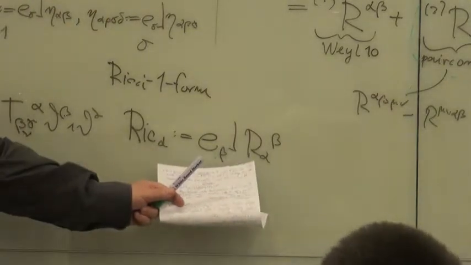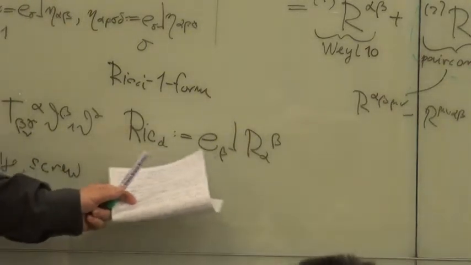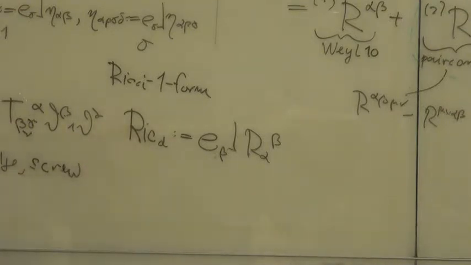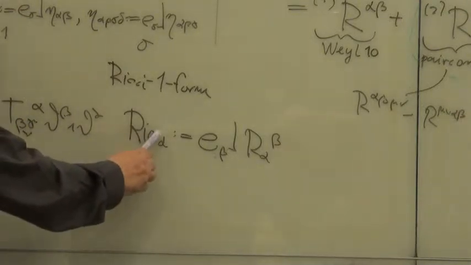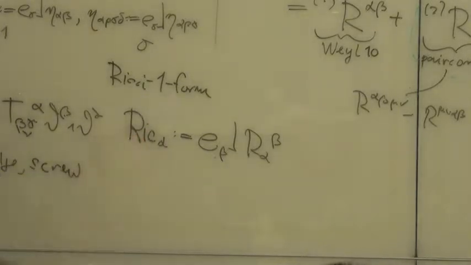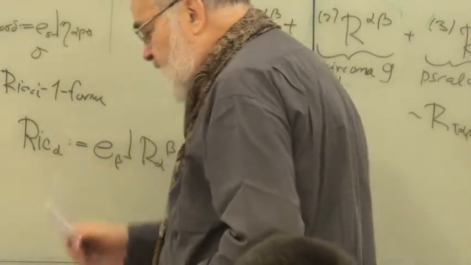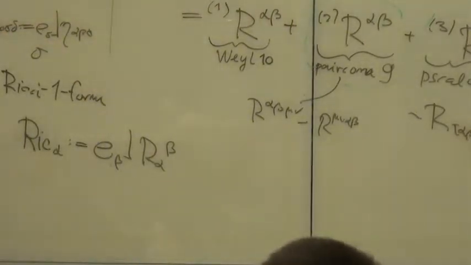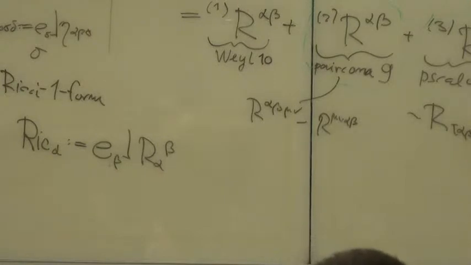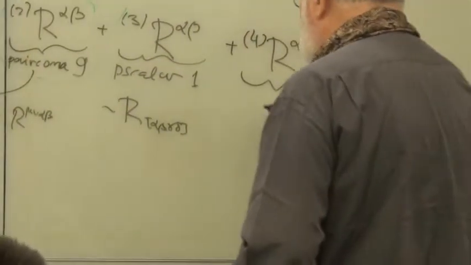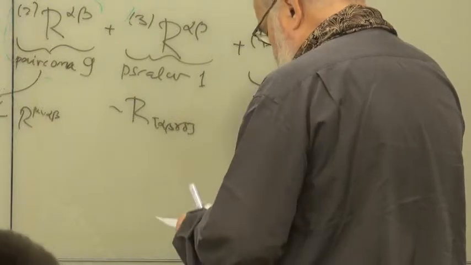R alpha beta is the curvature 2-form, the inner product gives a 1-form, and this is the Ricci. And if you take the components of the 1-form, you have 2 indices here, it's Ricci. And this is really the Ricci tensor, but the Ricci tensor in Riemann-Cartan space, as you can easily convince yourself, is asymmetric. It's no longer symmetric. So the Ricci tensor is asymmetric, and this piece R4 is just a symmetric piece of the Ricci tensor.